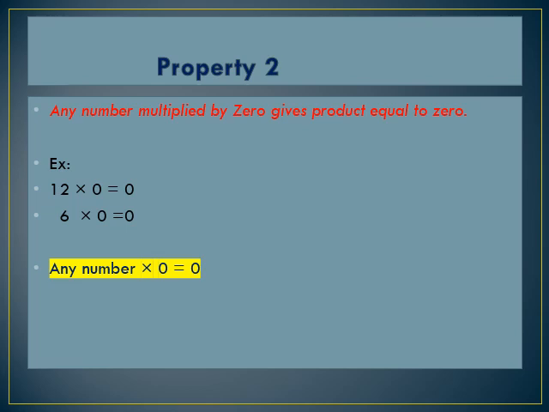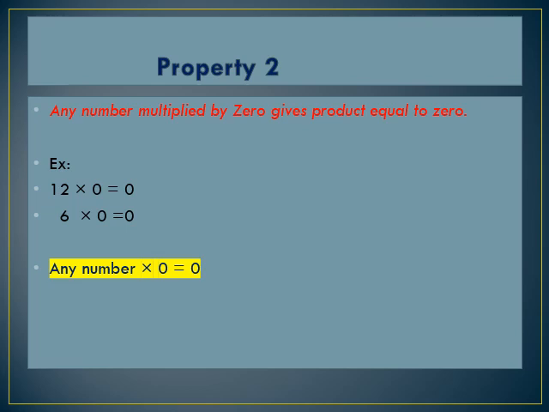Let us see some examples. 12 into 0 is equal to 0. Here we multiply 12 by 0 and we got the answer as 0.